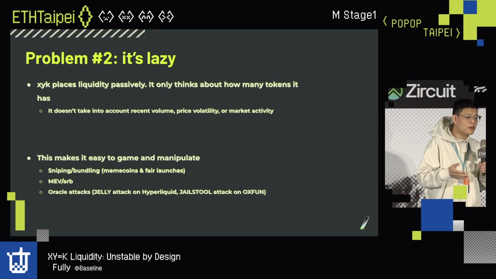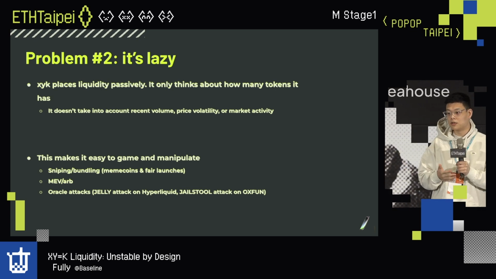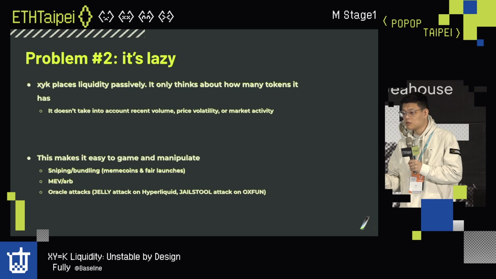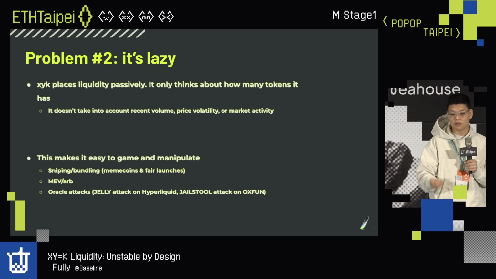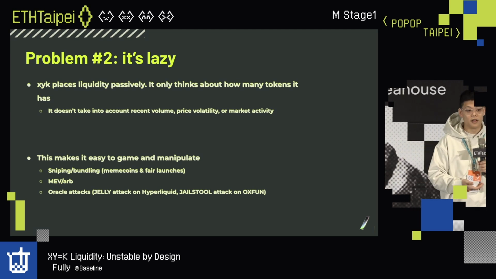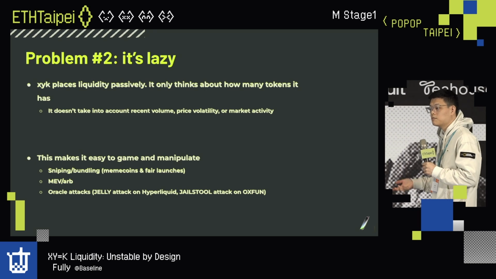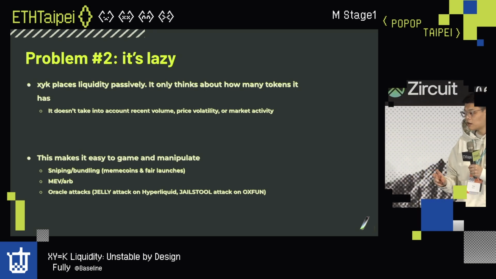The other issue is MEV and arbitrage attacks. People are able to clip out the prices on the pool because it's very static. It doesn't respond to the outside price adjustments. So until someone comes in and takes the free money, it's not going to update its price. And also, it's very easily exposed to oracle attacks. Because the liquidity is super thin, it's easy to manipulate the price with not a lot of capital.